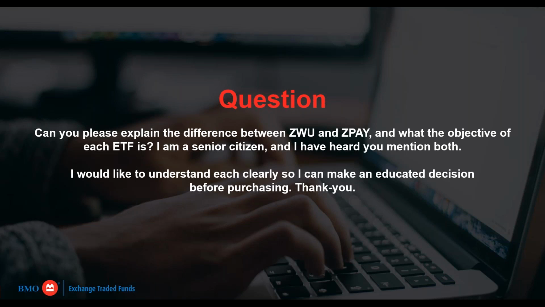Chris, staying with you here, ZWU, a covered call utilities, and ZPAY. What are some of the differences there? Sure, and so ZWU is one of our, we'll call them, standard covered call strategies that invest in a mix of both Canadian and US listed utility stocks, but also telecoms and pipelines, so those utility-like sectors.